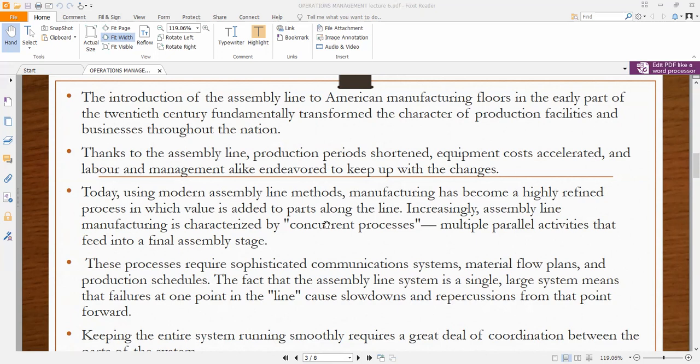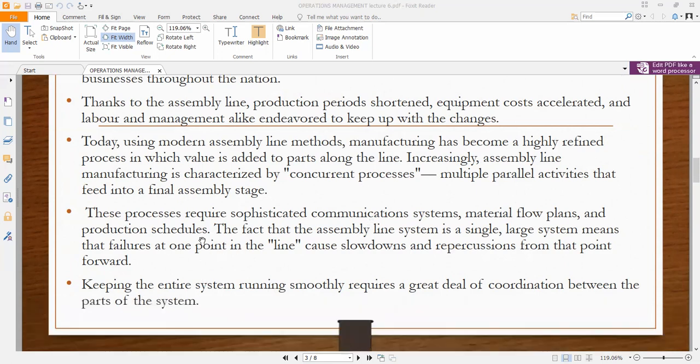Manufacturing methods have also become a highly refined process in which value is added to parts along the line. Increasingly, assembly line manufacturing is characterized by concurrent processing. We're talking about multiple parallel activities that are joined together or feed into a final assembling stage. This process requires a sophisticated communication system.